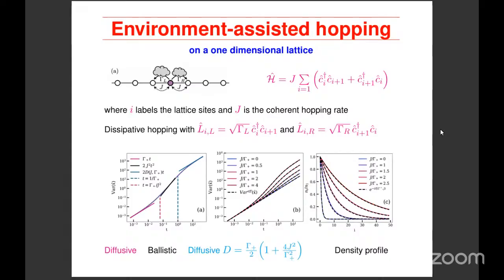Another nice thing about this problem is that I can put walls. This had been done for periodic boundary conditions, so there were no walls. But I can also consider an open chain where what happens at the border is different. So I have a wall, and if I go to the border, I have to come back. I can only come back.